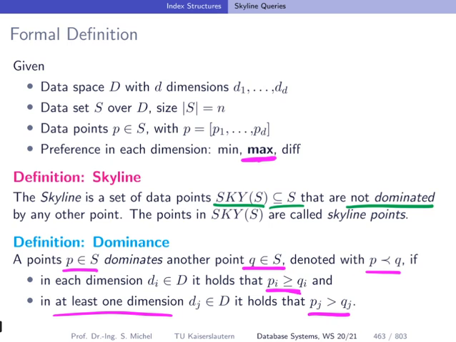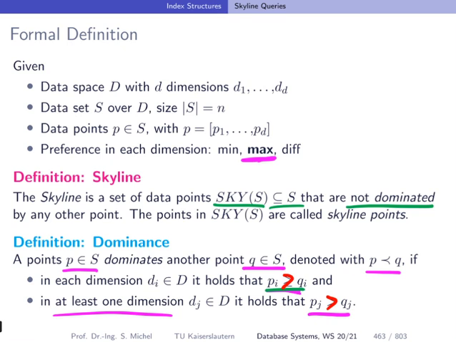In this case, a car is dominated, for instance, if the registration date is larger, so the car is younger, and the horsepower could also be the same, but one is enough. So if the horsepower is the same, then the registration date should be larger, so younger, or the other way around. Of course, it can also happen that both are strictly larger.